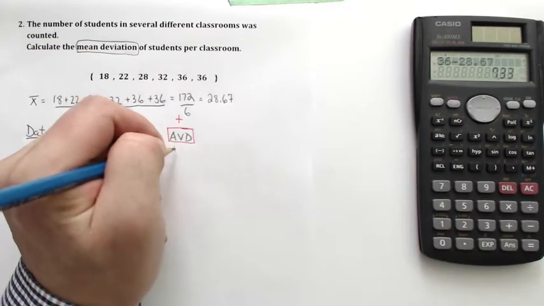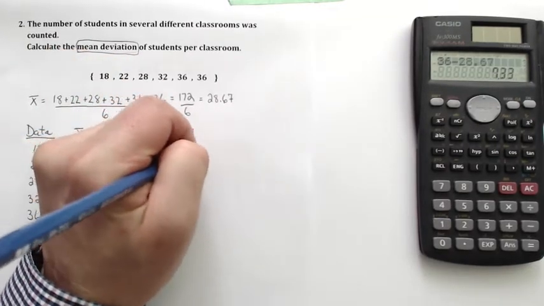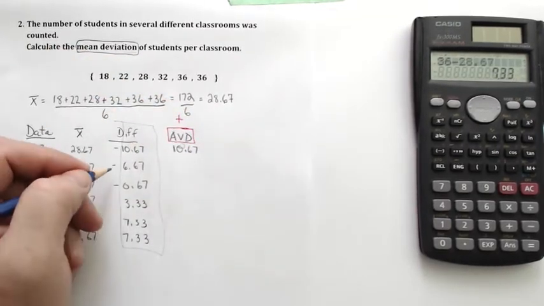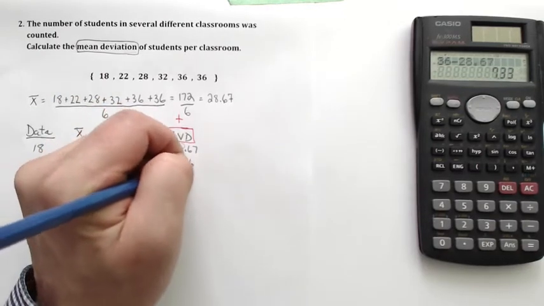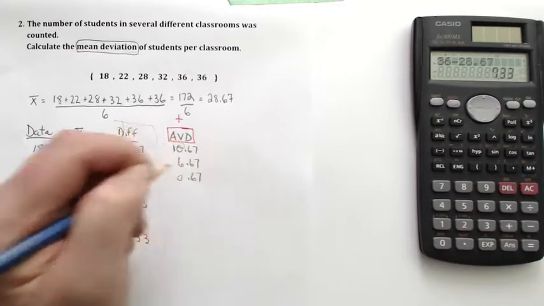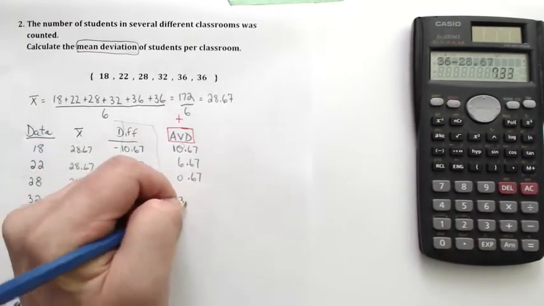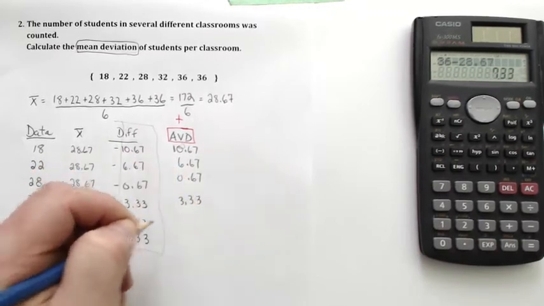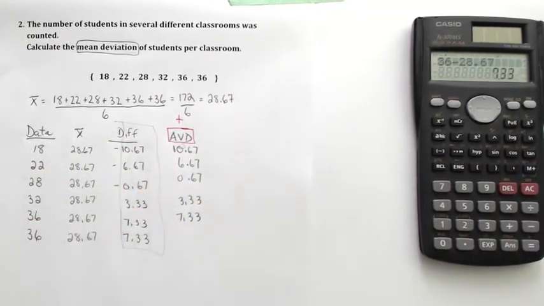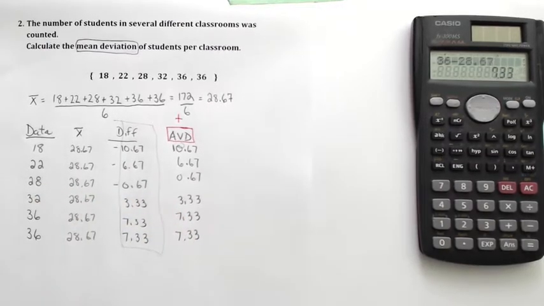So 10.67, positive 6.67, positive 0.67, and then these are already positive, 3.33, 7.33, and 7.33 once again.